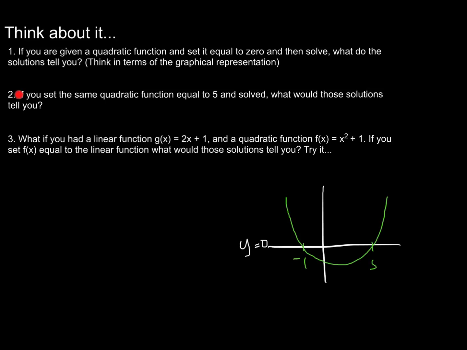Okay, secondly, if you set the same quadratic function equal to 5 and then solve, what would those solutions tell you? Well, just like we were told by setting it equal to 0 where the quadratic function intersects the line y equals 0, now we would know where the function intersects the line y equals 5.